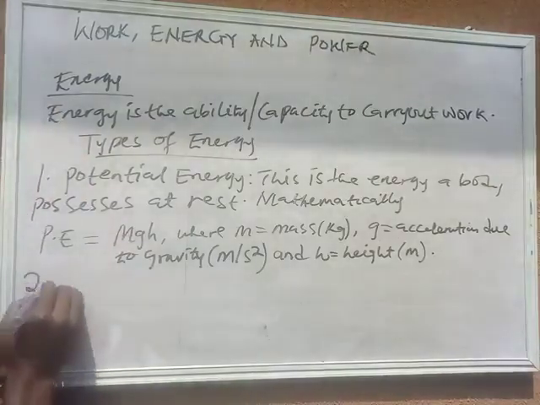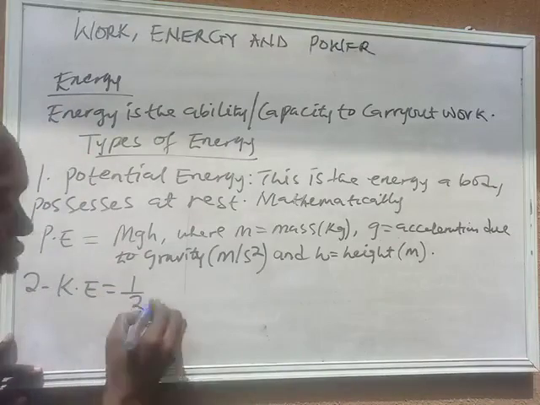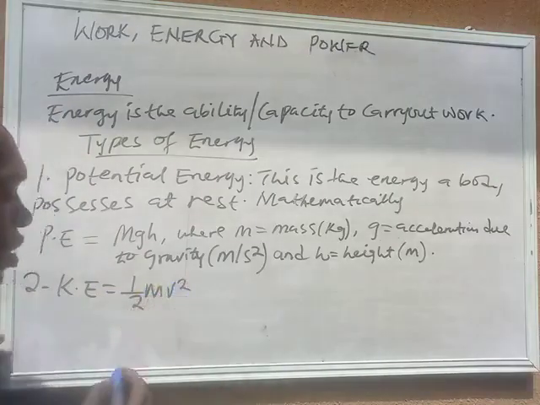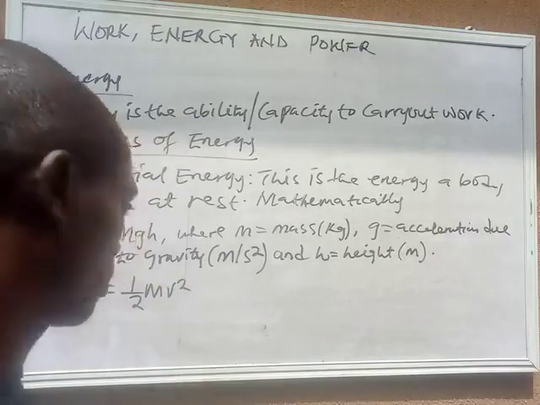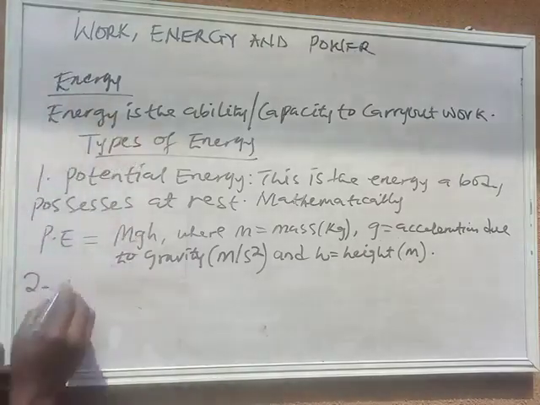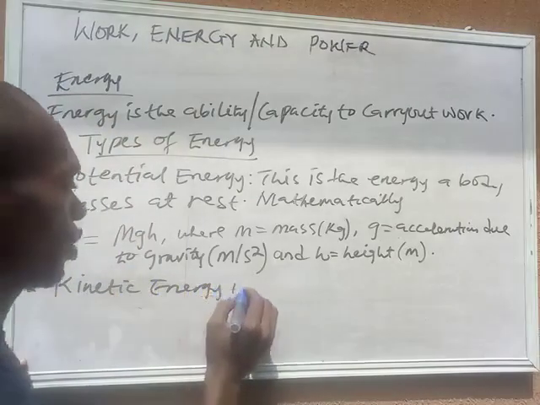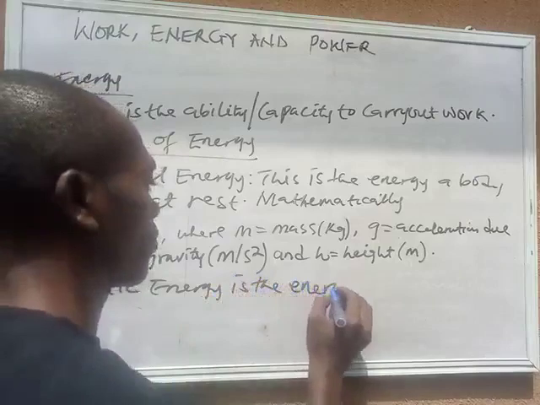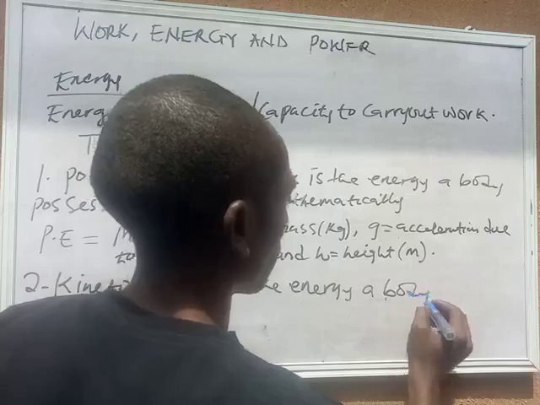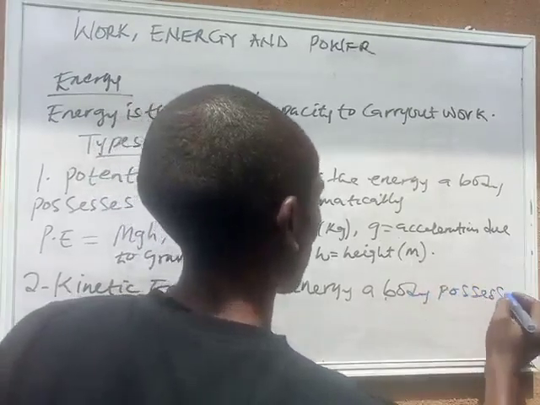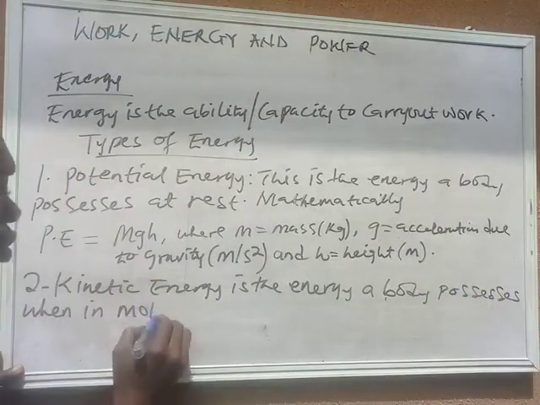The second type of energy is the kinetic energy, which gives us 1/2 mv squared. This is the energy a body possesses when it is in motion. So kinetic energy is the energy a body possesses when in motion.